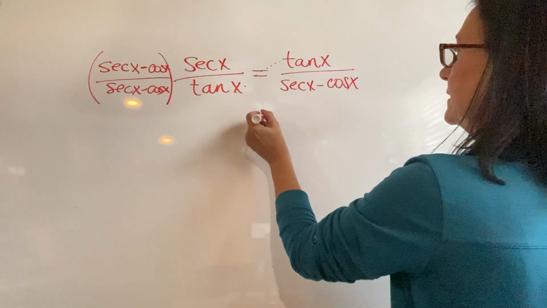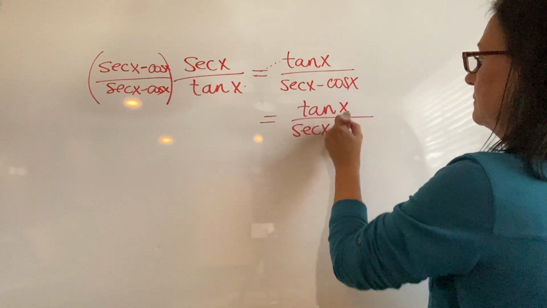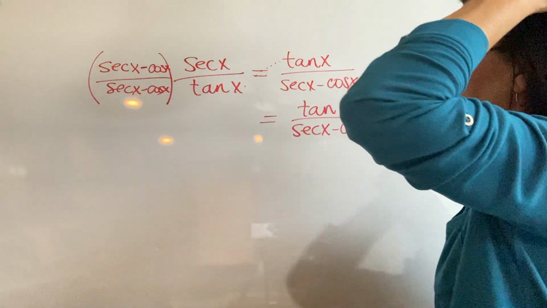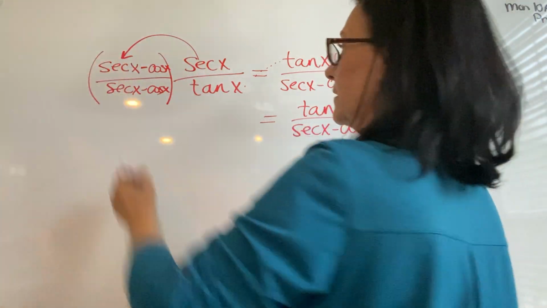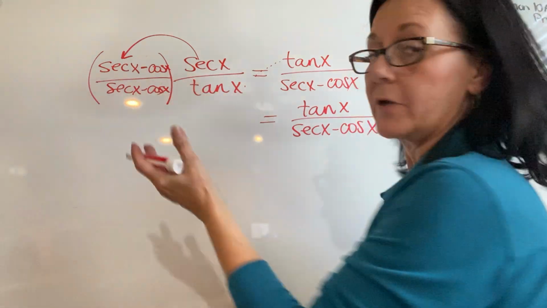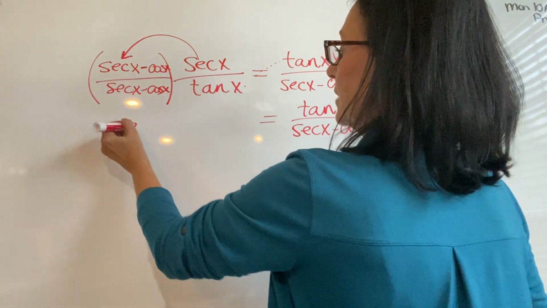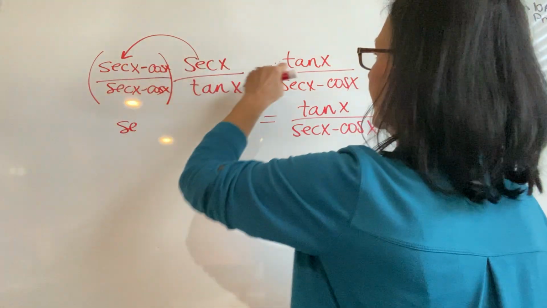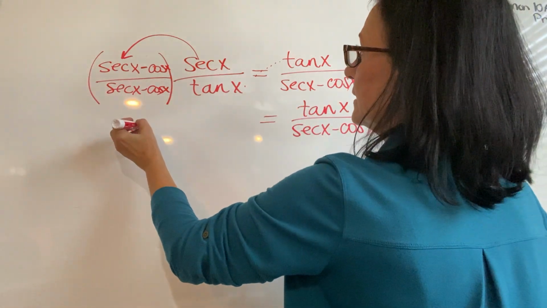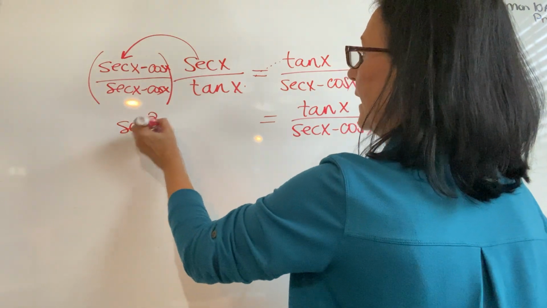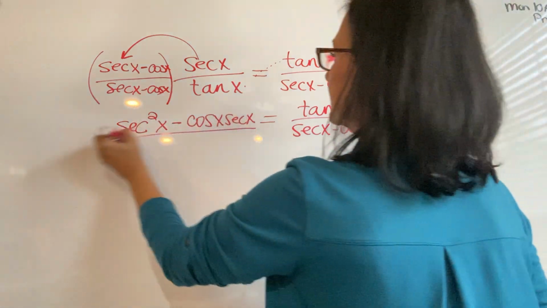All right, so I'm going to leave this right-hand side alone. I am going to distribute this first one because I know that I end up with cosine squared. I know I'm going to end up with secant squared, which I'm then going to substitute in the tan. A lot of times I don't distribute, but I see that I can get to the tan. So, secant squared x minus cosine x secant x.